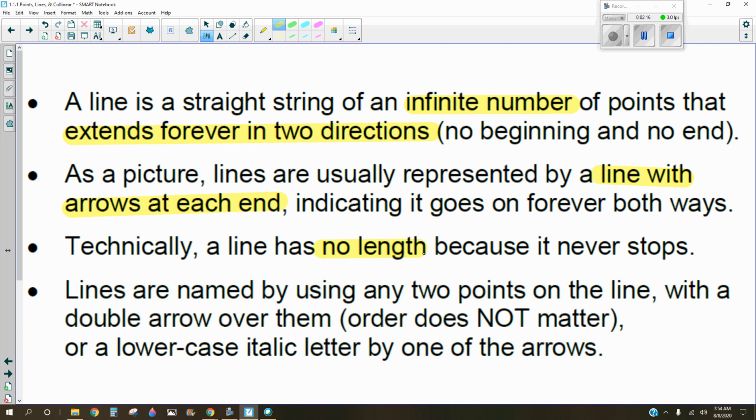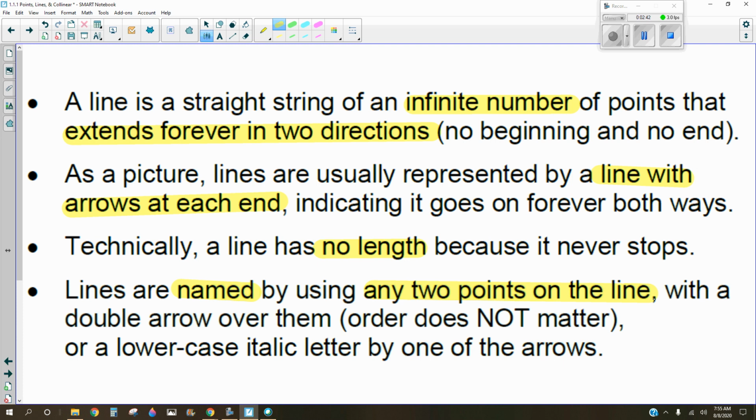When we have a line, we name a line by using any 2 points on the line. So even if there's more than 2, I always tell students to pick your favorites. Just pick 2 of them, and that's how you name the line. It doesn't matter if you name them going left to right or right to left. Just pick any 2 points on that line, and that is how you name it.